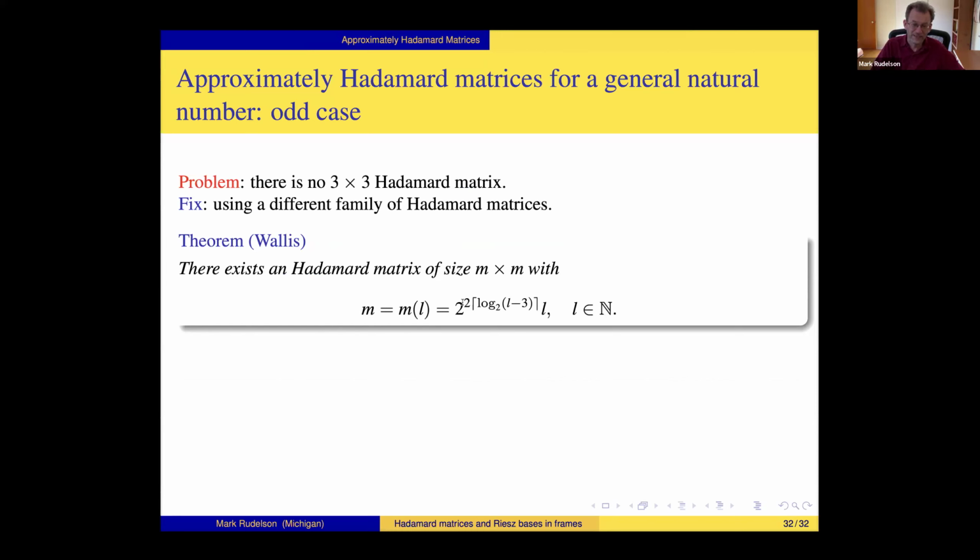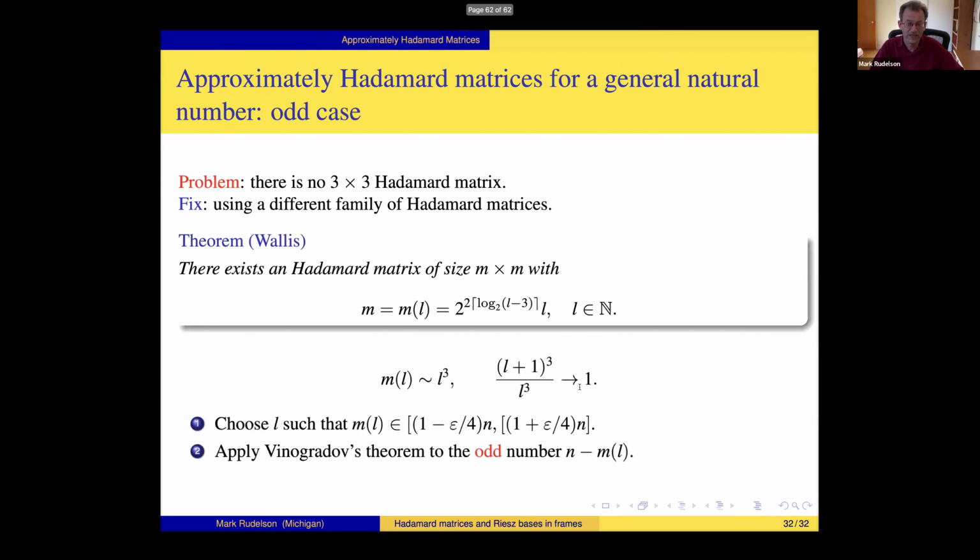The size is basically 2 to the power 2 log base 2 of L, which is L squared times L. It's basically L cubed. And L cubed is a nice sequence, which means that the ratio of consecutive terms, (L+1) cubed over L cubed, tends to 1.